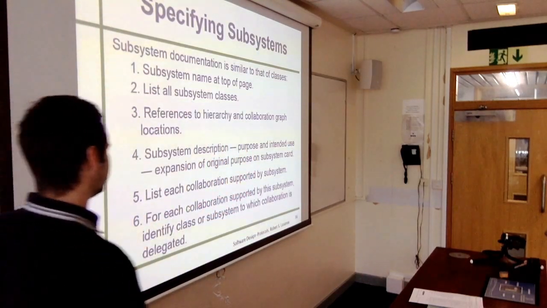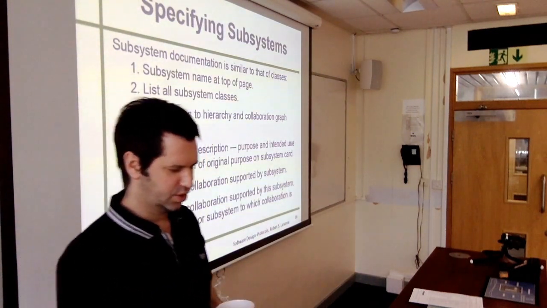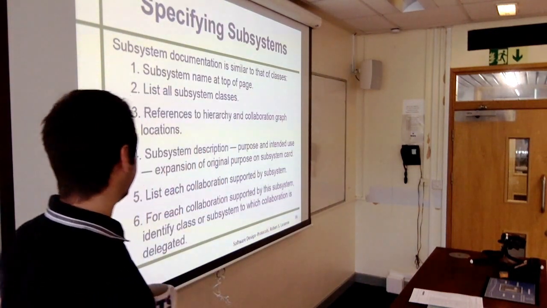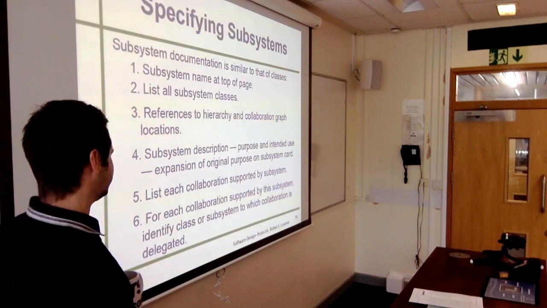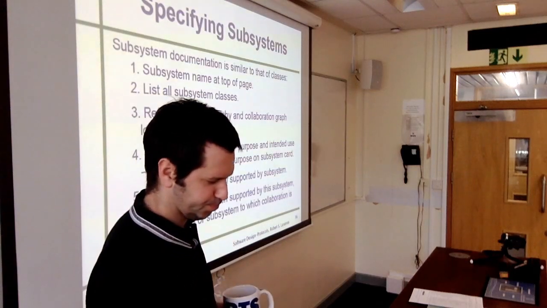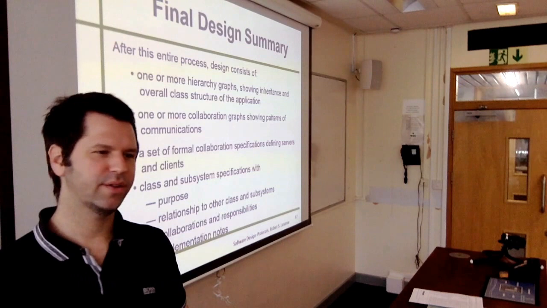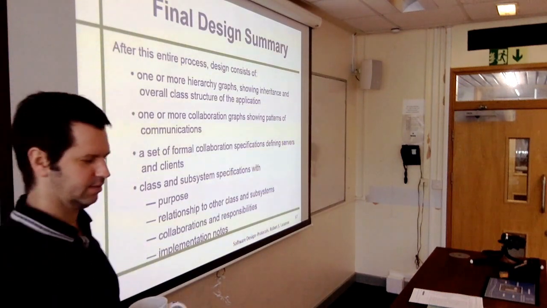And we have a list of the collaborations supported by the subsystem. And for each collaboration supported by the subsystem, we identify a class or subsystem to which the collaboration is delegated. So a subsystem is documented very similarly to a class.